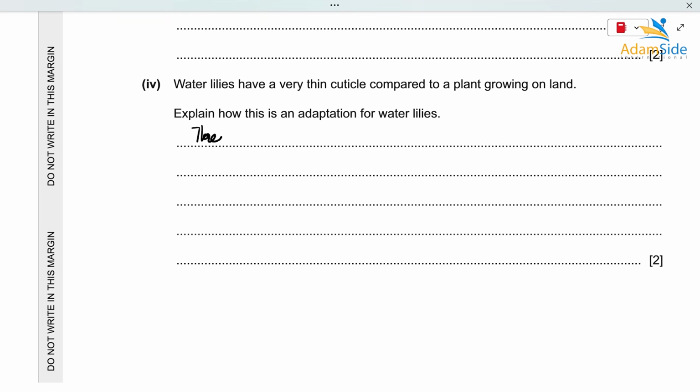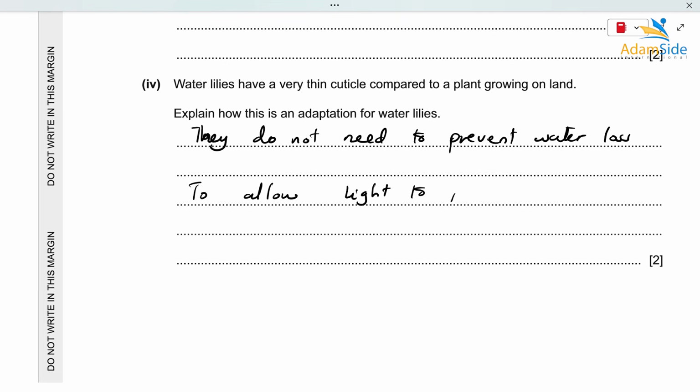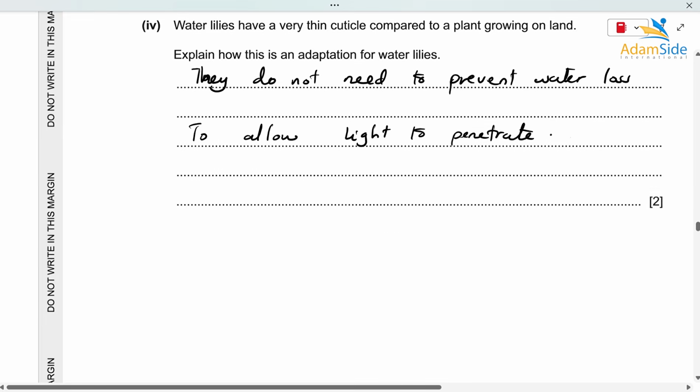Alright, that's the first thing. But apart from that, they need to allow light to pass through. So another reason would be to allow light to penetrate. Alright, and of course they use very little material to make the cuticle.